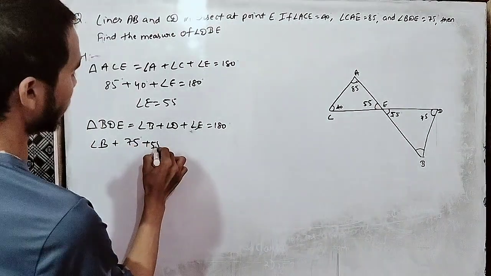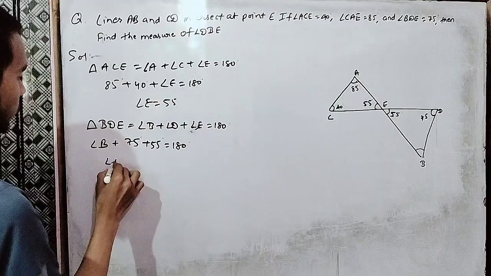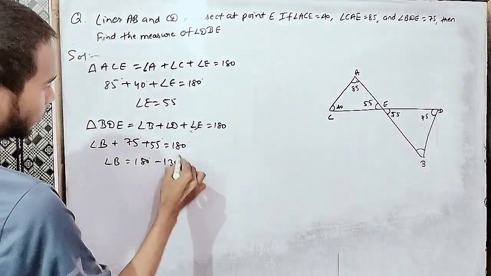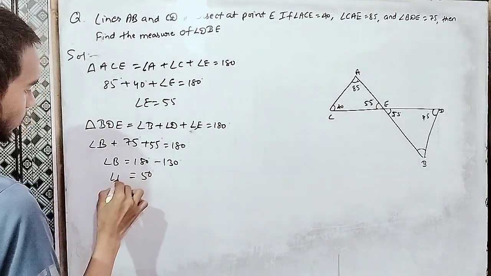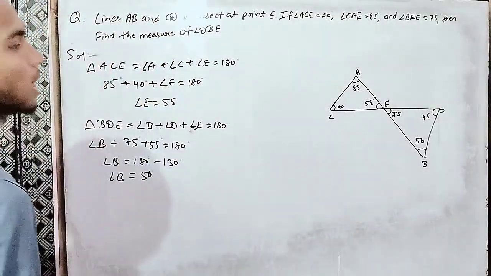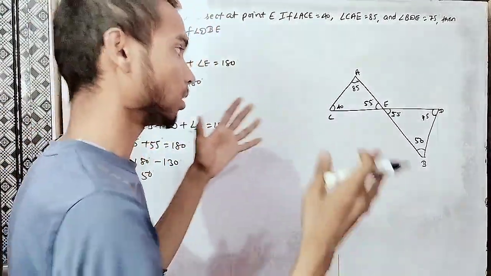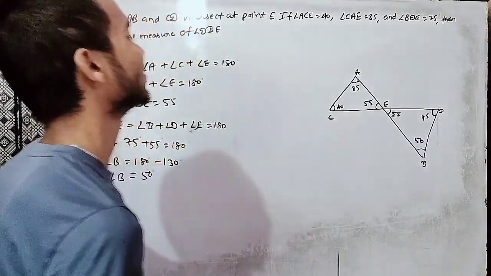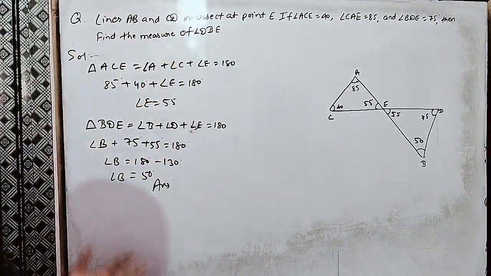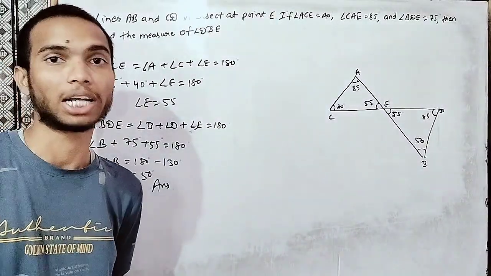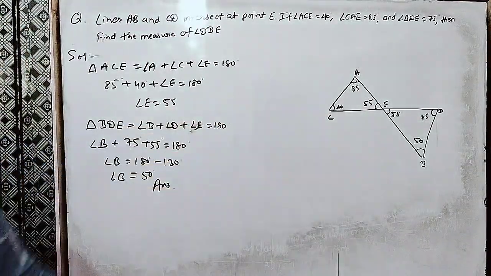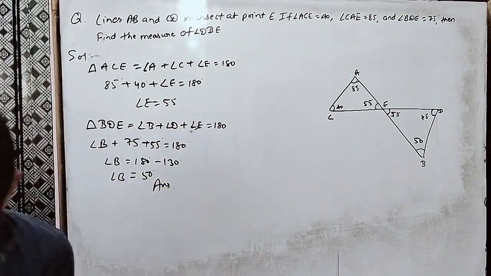Okay. 55. Okay. 180. Now we have 50. The value of this angle is 50. So finally the answer for angle B is 50. This is our answer to this question. You can see how we solved and identified the value of an unknown angle, which the question was asking.